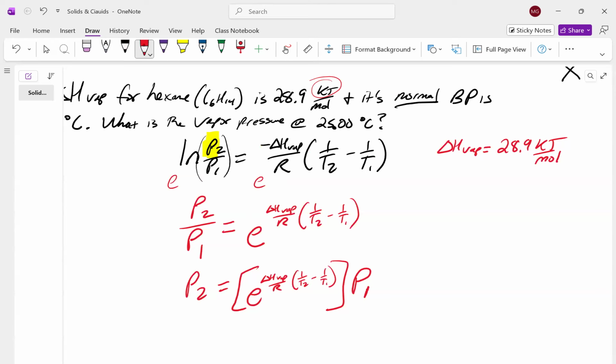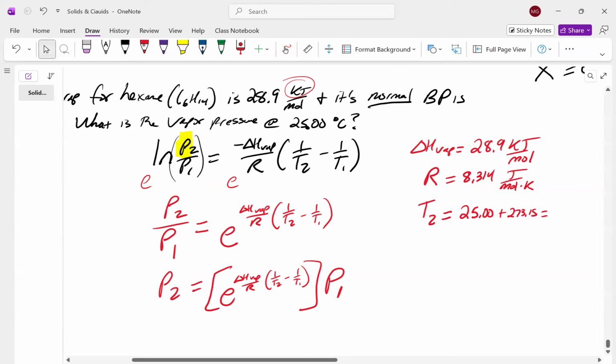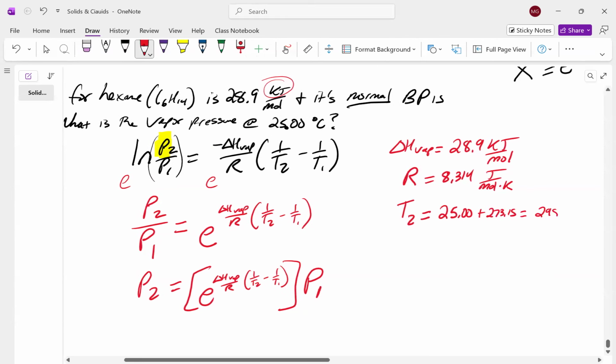And then R is our gas constant, 8.314 joules per mole Kelvin. And then let's define our temperatures here. T2 is our final temperature, and we want that in Kelvin. It's starting out as Celsius, so I'm going to add 273.15. So that's 298.15 Kelvin.